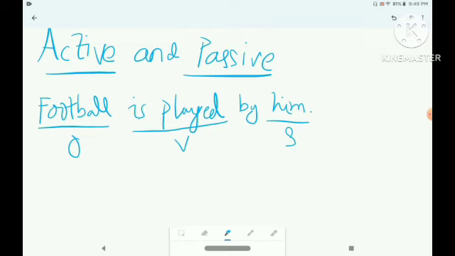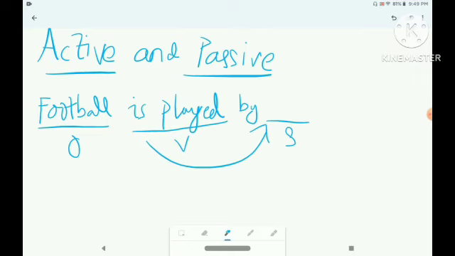The subject was doing the action in the active voice, but in the passive voice, is played is received by the subject. Okay, for better understanding, let me use Ramesh here.